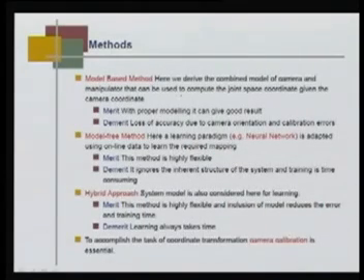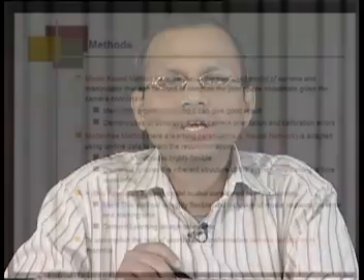Model based method: here we derive the combined model of camera and manipulator that can be used to compute the joint space coordinate given the camera coordinate. Merit: with proper modeling it can give good results. Demerit: loss of accuracy due to camera orientation and calibration errors. So, model based means we involve the camera, the camera gives us the position.